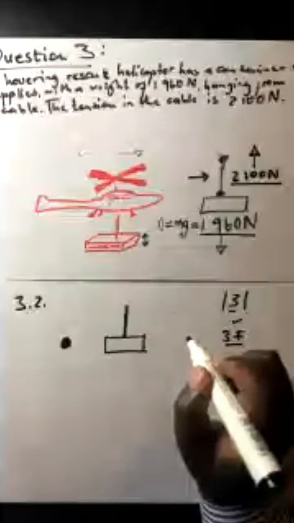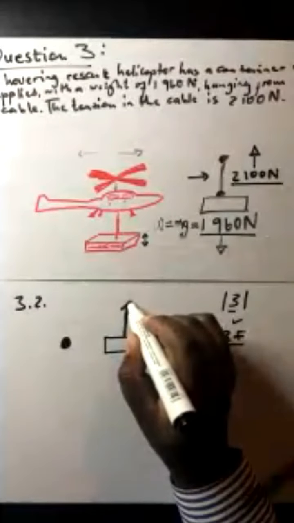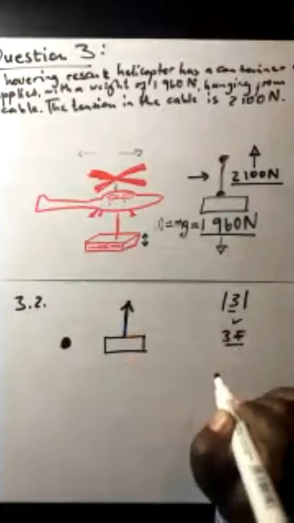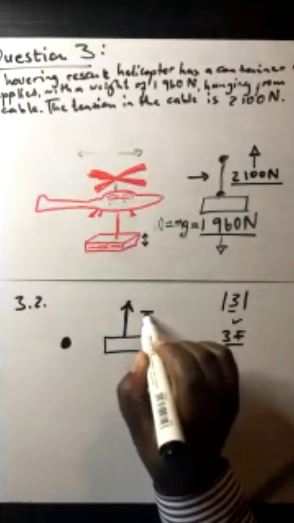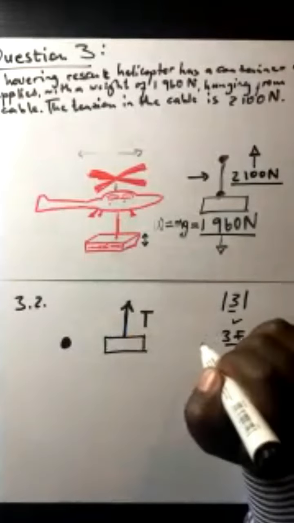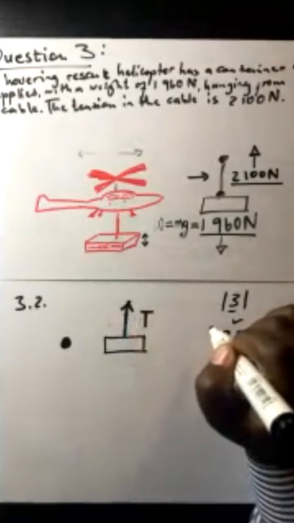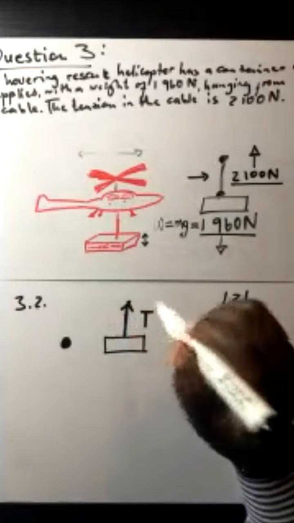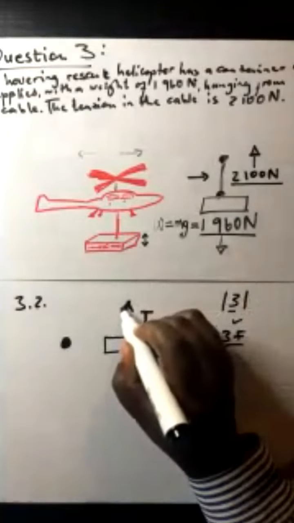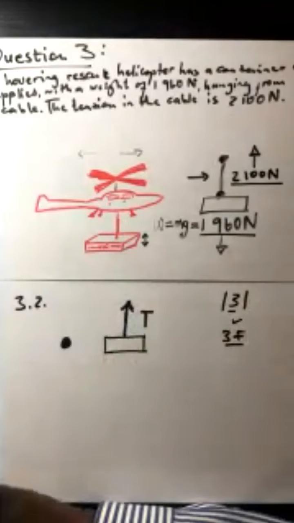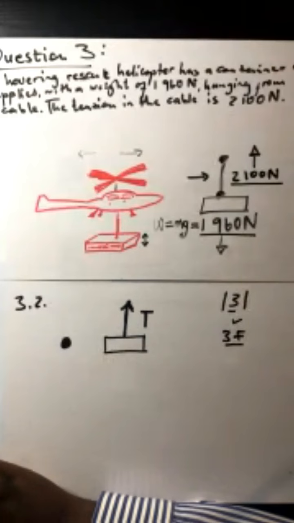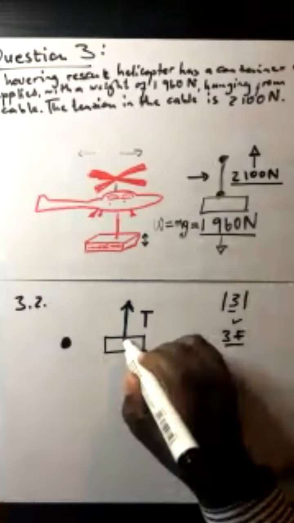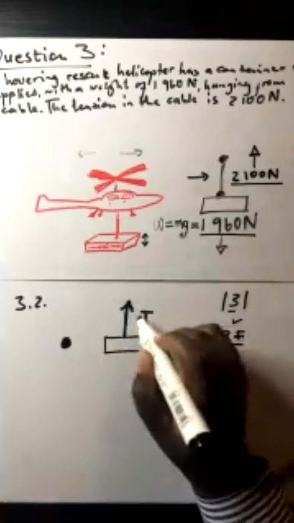You need to show that arrow in the upwards direction. And most importantly, write down that this is tension, because if you just draw an upwards arrow there, we are not sure if this is a force of friction, or if it's the weight. So you need to label it to say the upward force is tension.